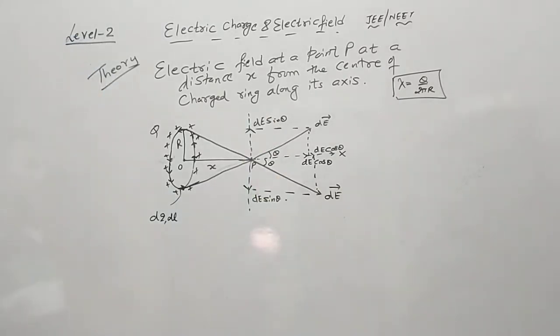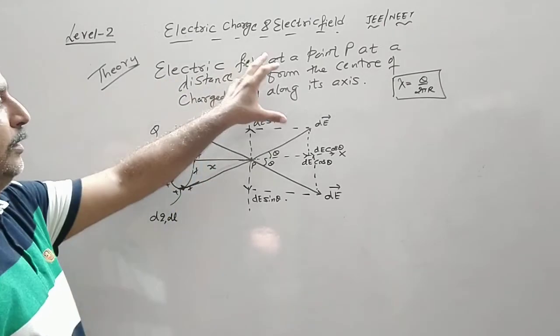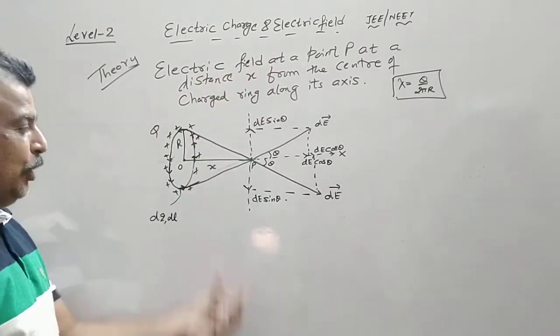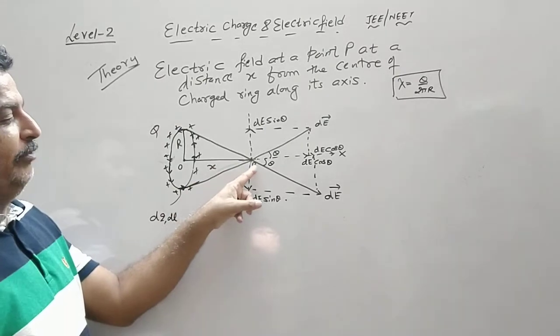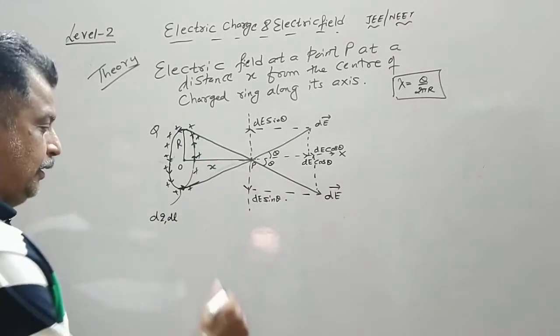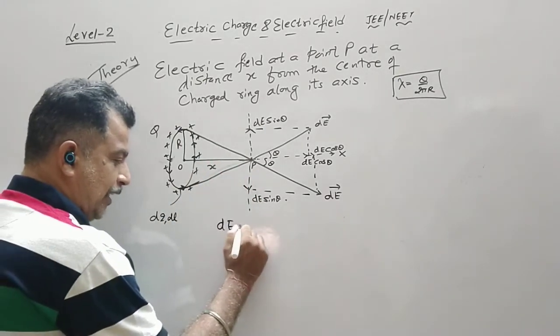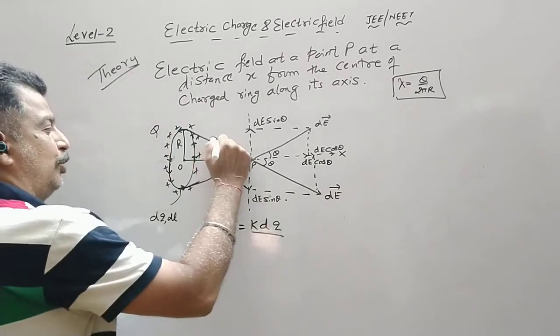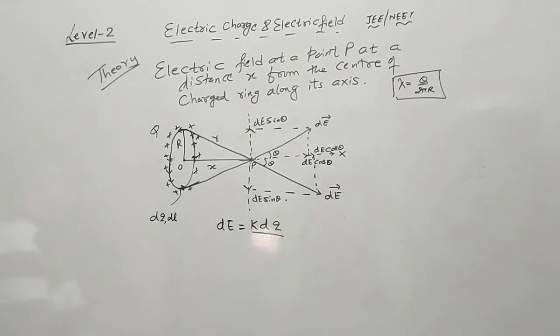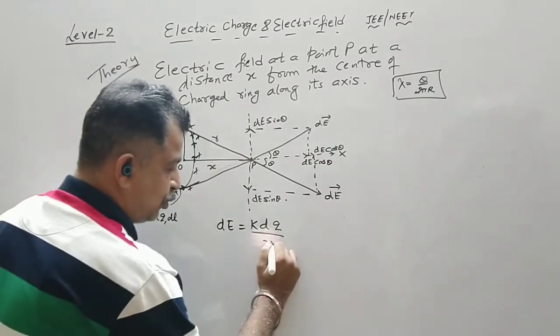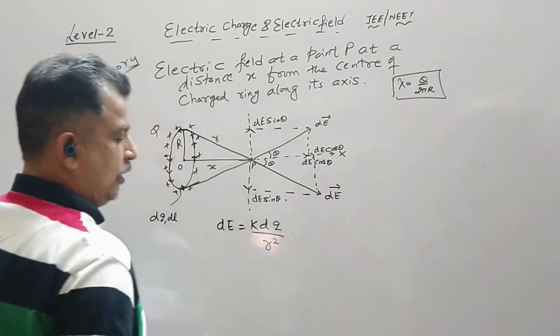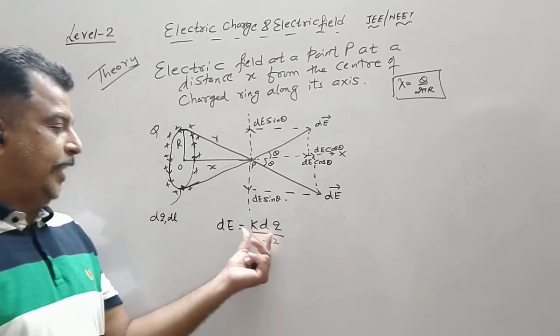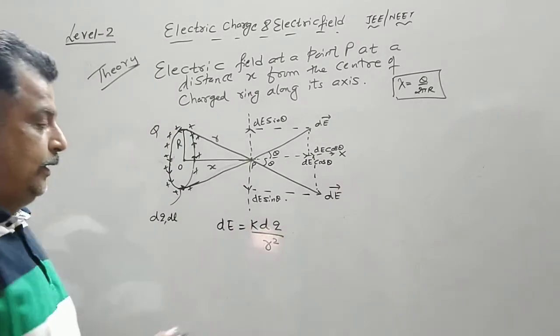So this is the geometry of the given situation. Now we write the magnitude of electric field intensity at point P. So dE can be written as K times the source, over the distance between test and source. Let this distance be taken as R. So it becomes R square. So this is our equation number 1, dE is equal to K dQ upon R square.